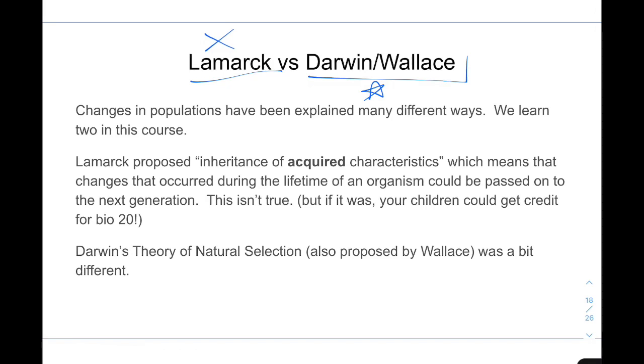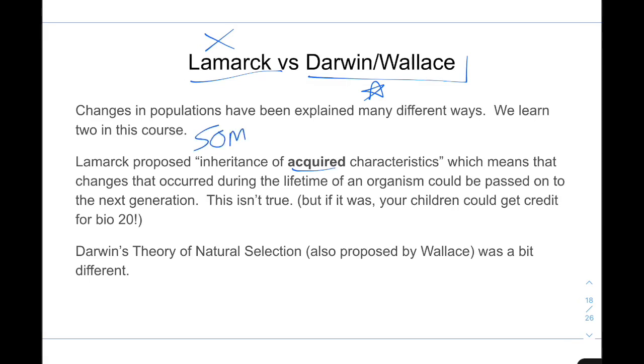So, Lamarck's idea was called inheritance of acquired characteristics, which means that the changes you experience in your life can be passed down to your children. And this is almost like the right idea, because changes in an organism do get passed on sometimes to the next generation, but not changes that happen to your somatic cells.